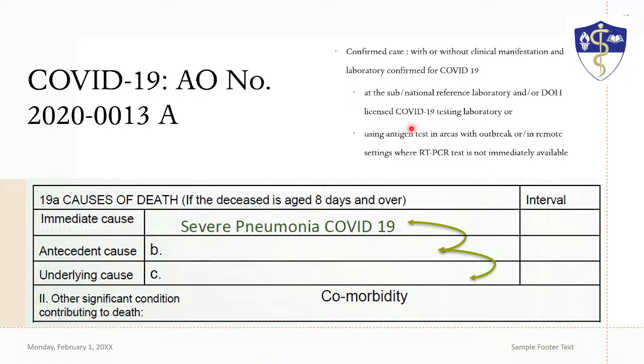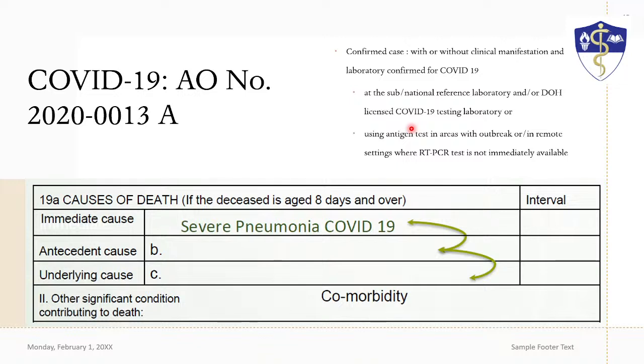So confirmed case with or without clinical manifestation and laboratory confirmed for COVID-19 at the subnational or national reference laboratory and/or licensed COVID-19 testing laboratory, or using antigen tests in areas with outbreak or in remote settings where RT-PCR test is not immediately available. This is the definition for confirmed case.